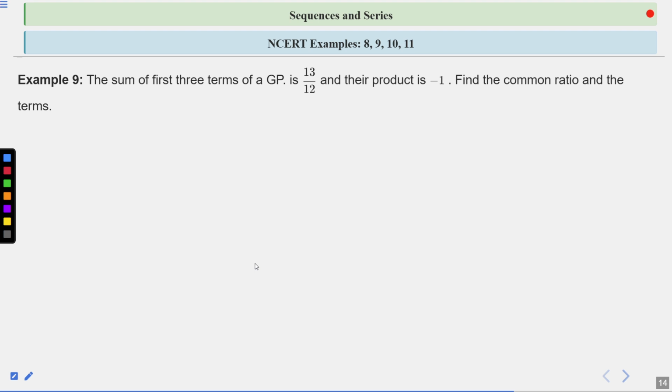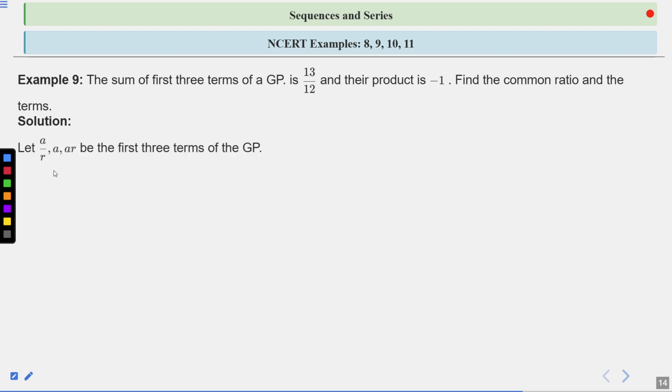This example. The sum of first 3 terms of your GP is 13 by 12 and the product is -1. You have to find the common ratio and the 3 terms of your GP. Solution.